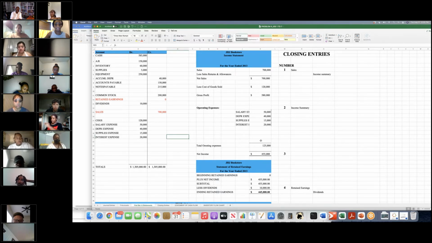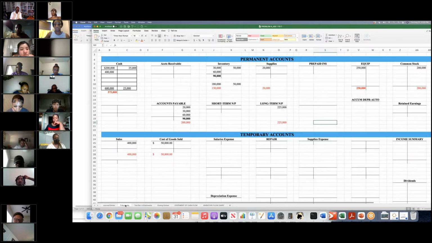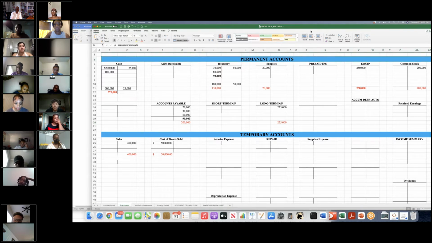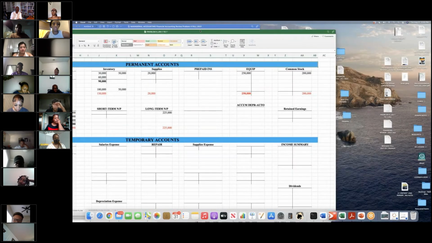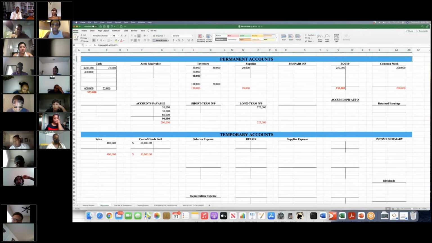We did a calculation, but on the books right now, we go to T accounts. Retained earnings is 0. So you've got to get the retained earnings to that number you want.